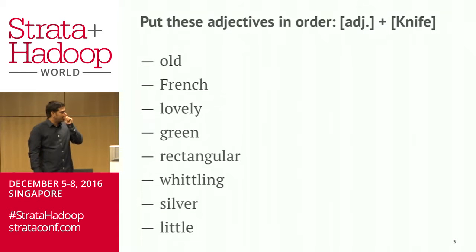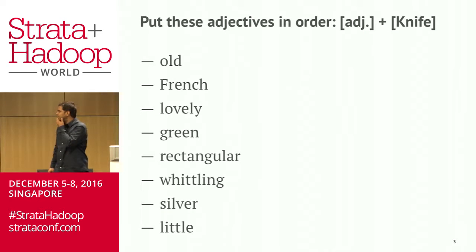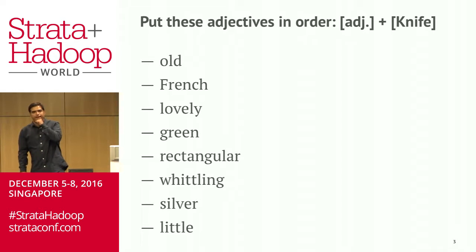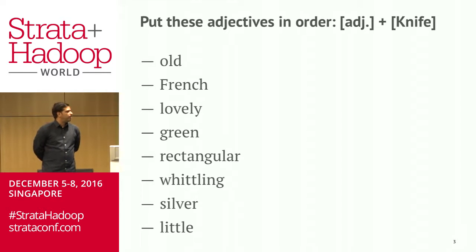Okay, so here's the challenge. There are these 8 adjectives, and there is one noun, which is the knife, on top. You need to put these 8 adjectives together in a phrase with knife, so it's a phrase of 9 words.